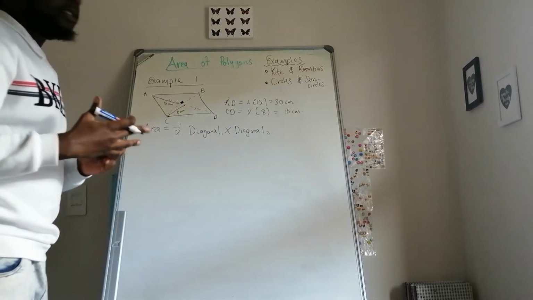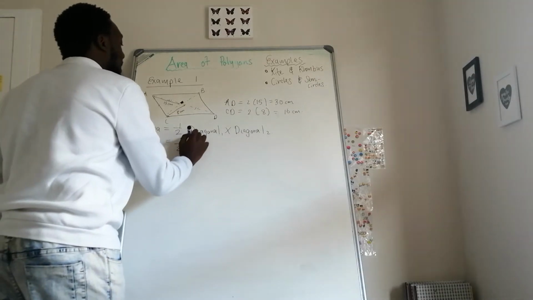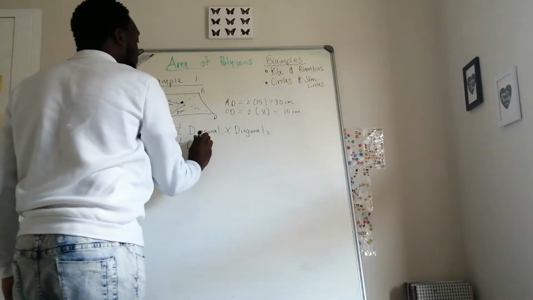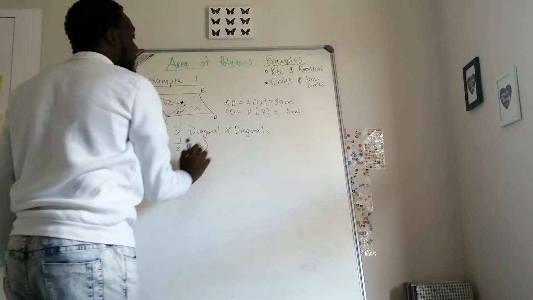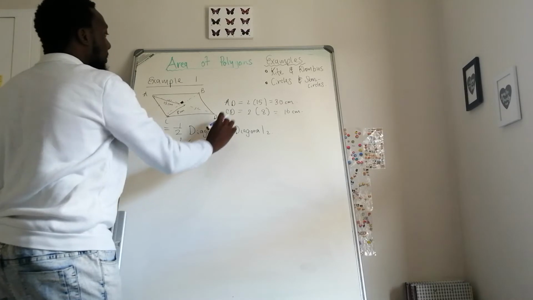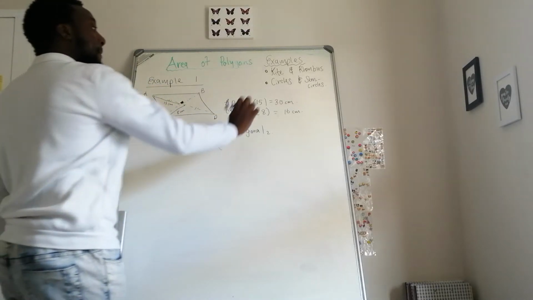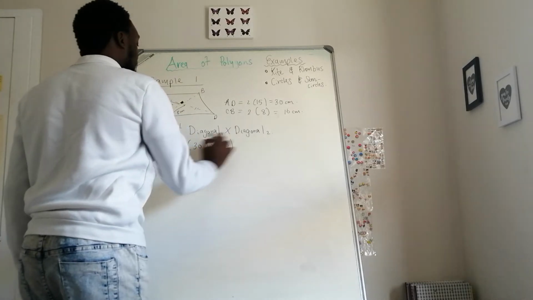So we have the diagonals, we just need to substitute it here. It's going to be a half, diagonal 1, called the AD one, 30, and diagonal 2, let's call it the CB one. This is CB, right? And that's 16.